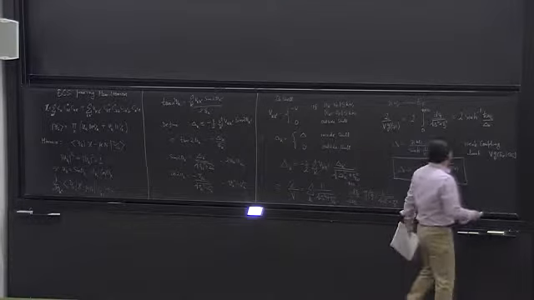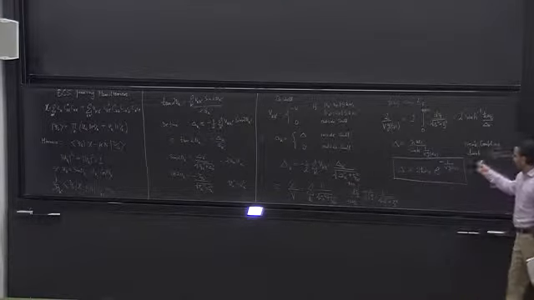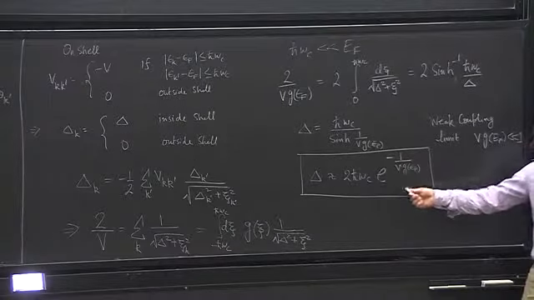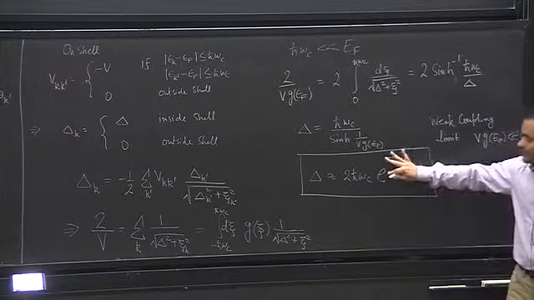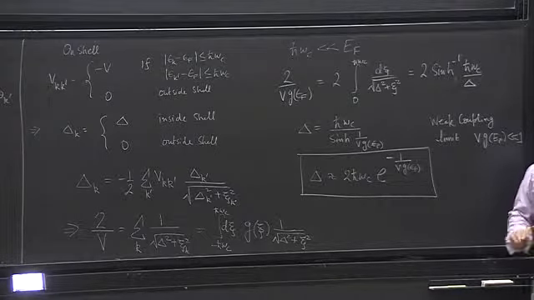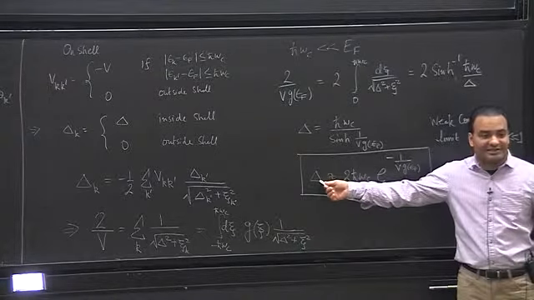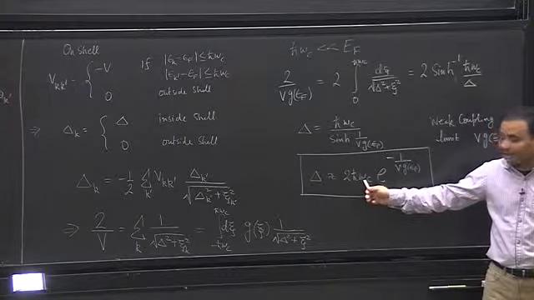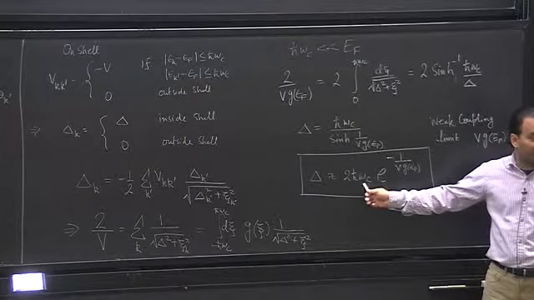Another thing we can see from here is that in the weak coupling limit, if this quantity is small, that makes this whole factor very small. That means this energy scale delta is much smaller than the energy scale ħω_c.